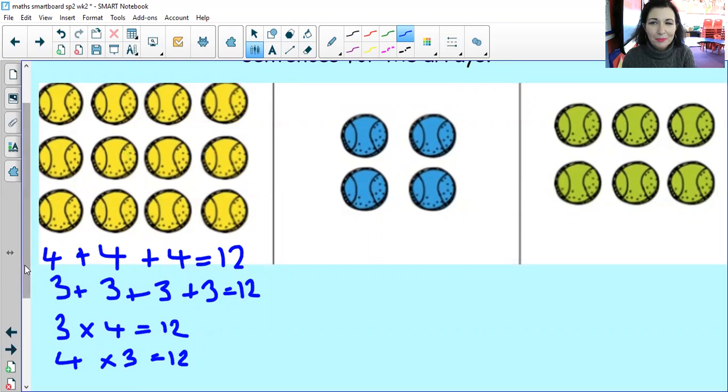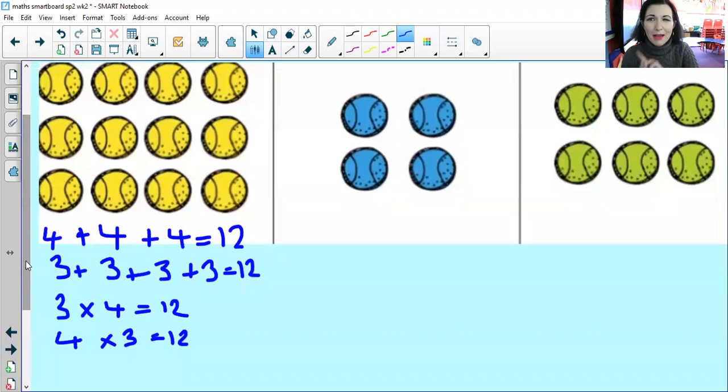Now for the division. Now remember, when we divide, just like when we subtract, the biggest number always goes at the start of our division sentences. So 12 divided by 3 is 4.